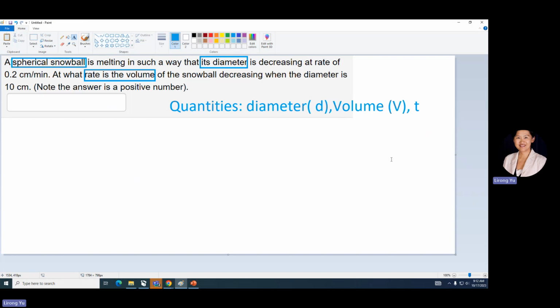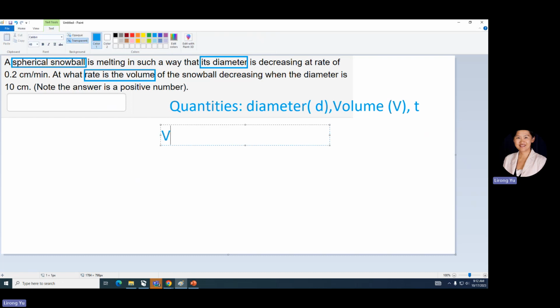Volume can be calculated using the diameter, so we don't have a unit for it, but you can imagine the volume in centimeters cubed. So a distance measured in one dimension affects how you measure the three dimensions.